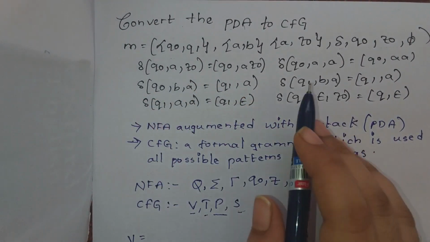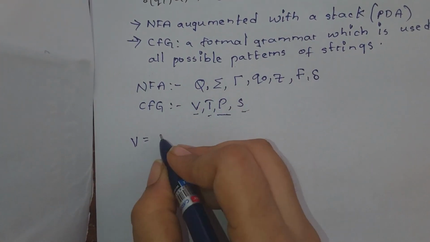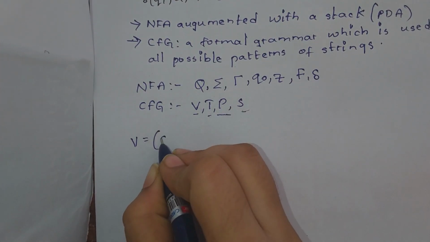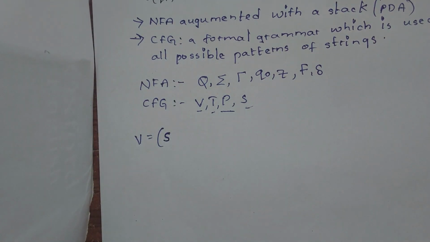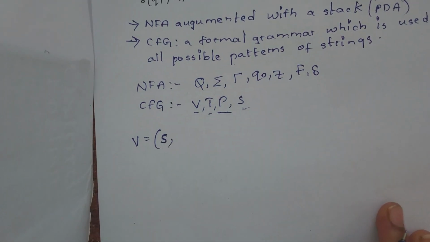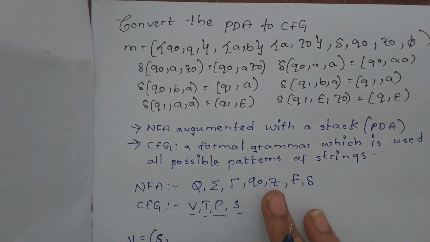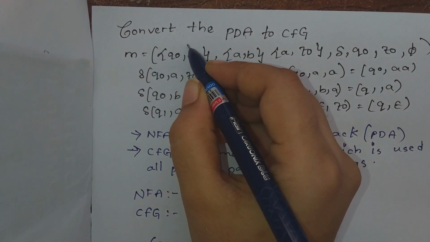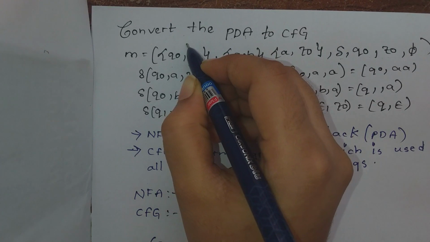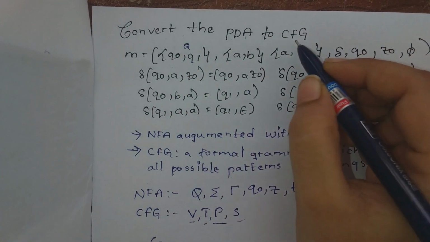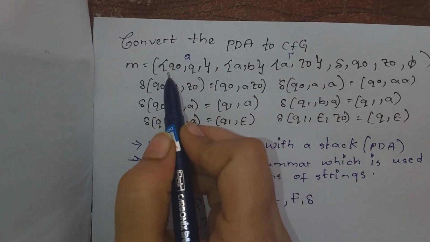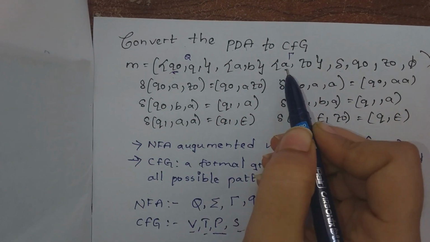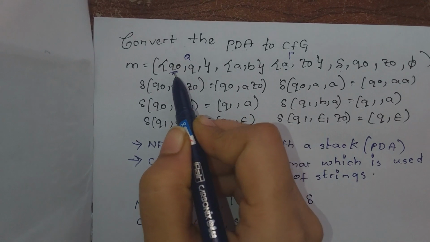So what are the variables? First we need to consider capital S, which is the start symbol, and then to write the variables we need to consider Q and tau. We need to convert, how we need to convert: Q naught A, Q naught Z naught, Q1.